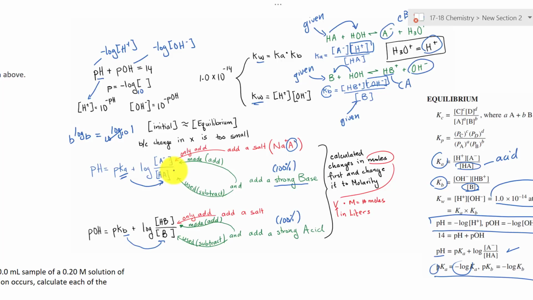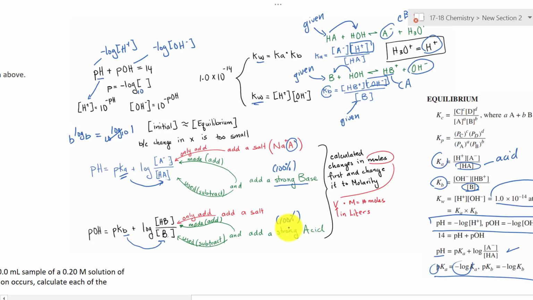And how do you do that? You take the volume times the molarity. That gives you the number of moles. Just keep in mind that the volume is in liters, okay? And the same thing for pOH. You can add in the salt, and that will only affect the conjugate acid. Or in this case, since it's a base, we can add in a strong acid, and this strong acid will 100% dissociate.